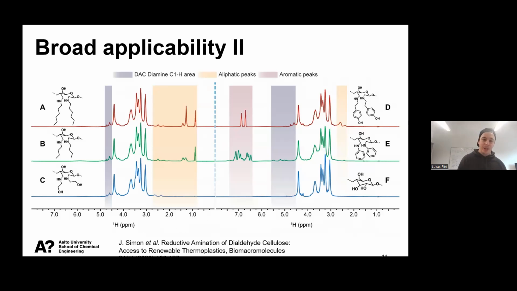Then also in cellulose chemistry, where I use this method a lot, I want to show you a study I did together with Jonas Simon from Bochum University on the reductive amination of dialdehyde celluloses. Just quickly, there we screened different congeners from dialdehyde cellulose, reacted with different amines.